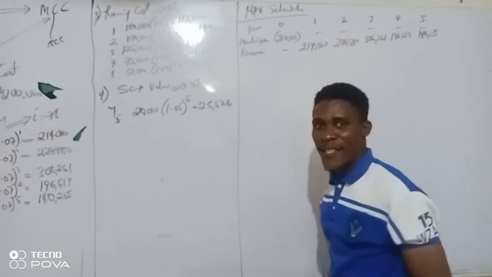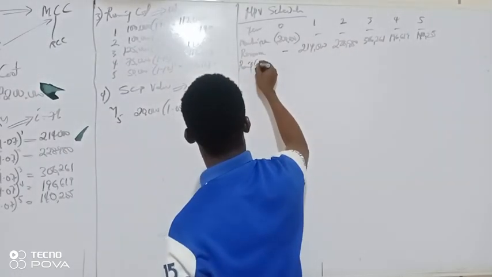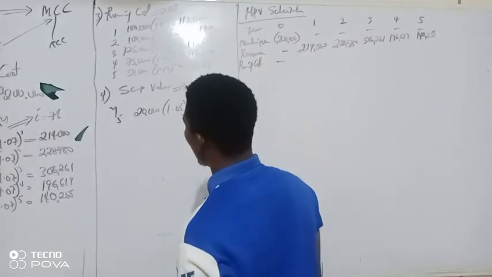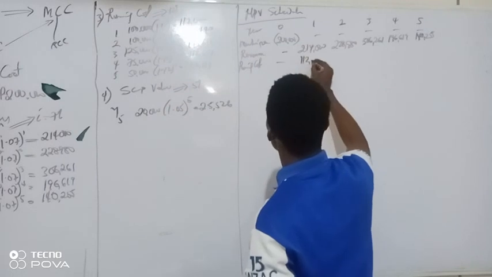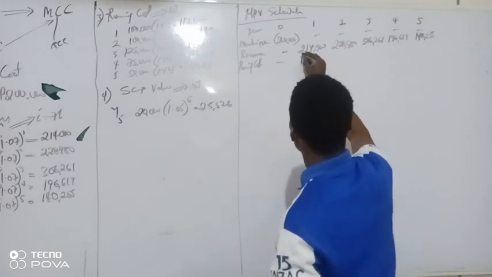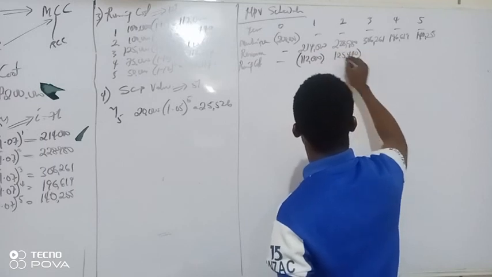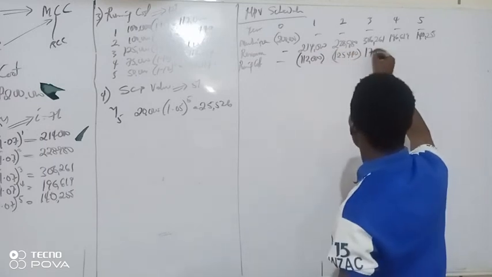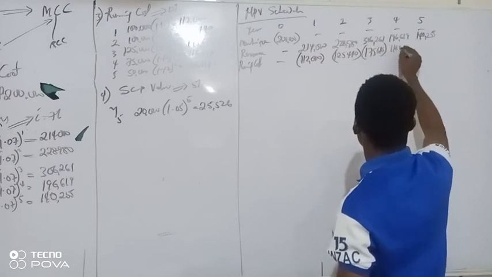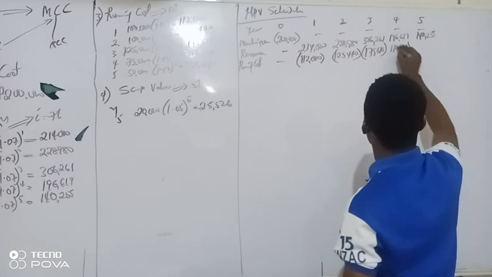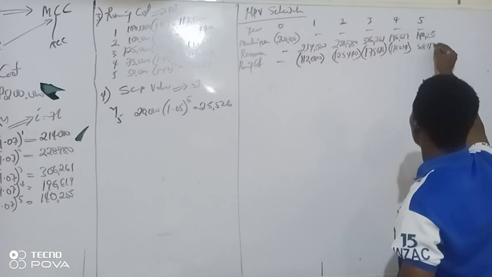So with this, what next? Our running cost: 112,000, 125,440, 175,616, 118,014, 88,117.